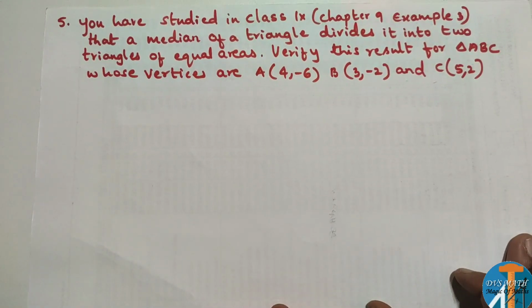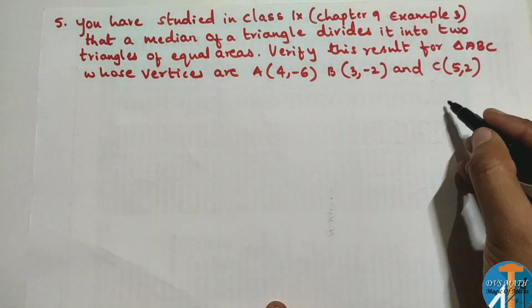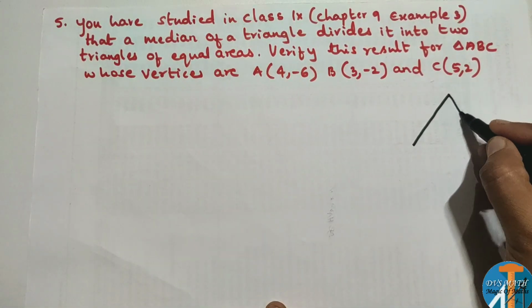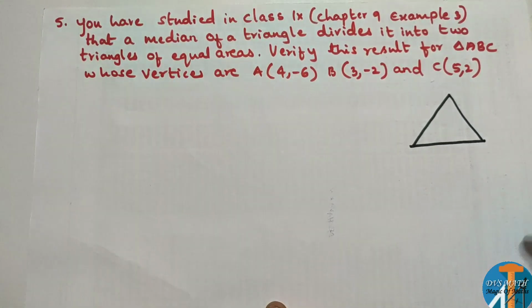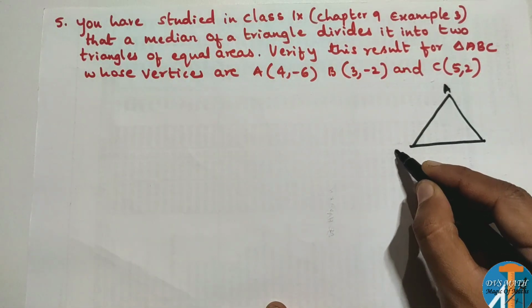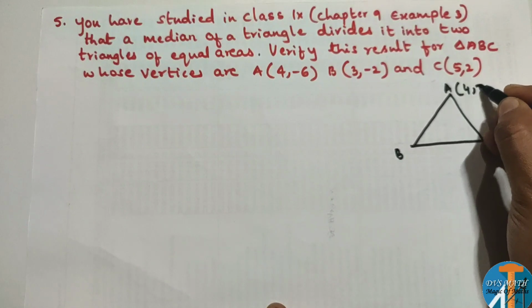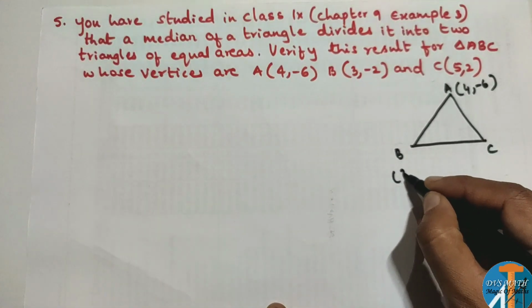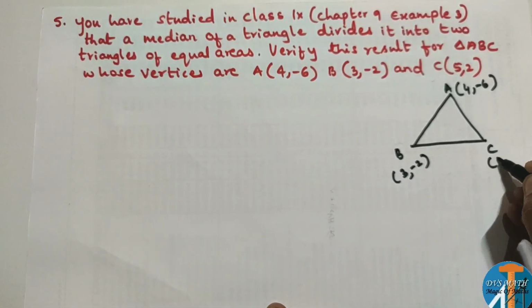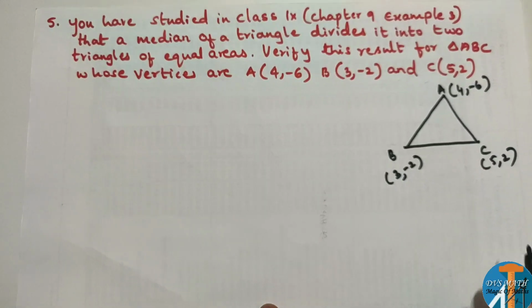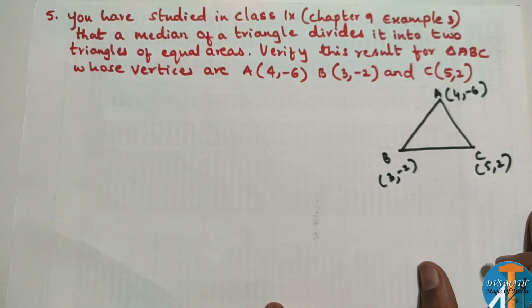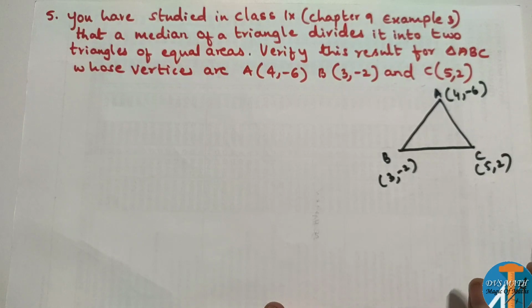So just you recall, as you all know, that we learnt in 9th standard, if I consider a triangle A, B and C, let us write the vertices also. It is 4, minus 6, 3, minus 2 and 5, 2. Okay. So for this triangle, if we consider a median, what do you mean by median?